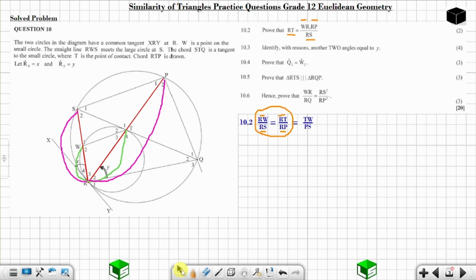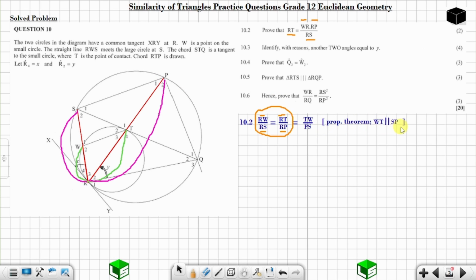Always write the reason. The reason why you can write this equation is because you have used the proportionality theorem, and the proportionality theorem is always possible when you have a line parallel to one side of the triangle.